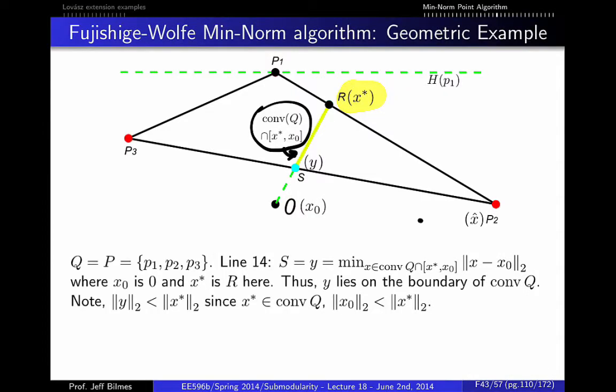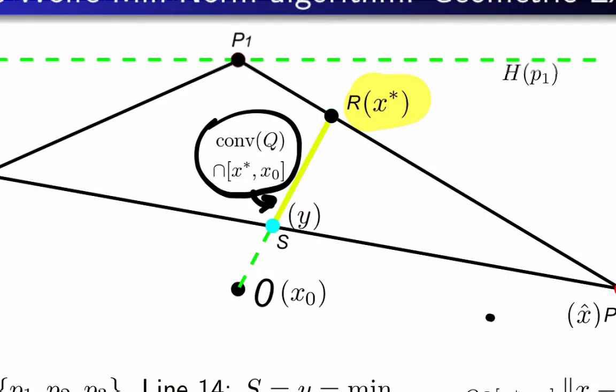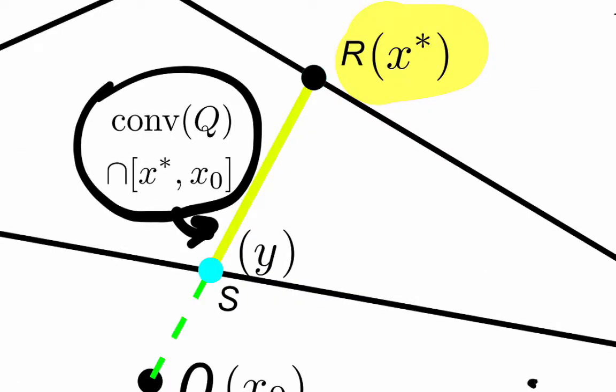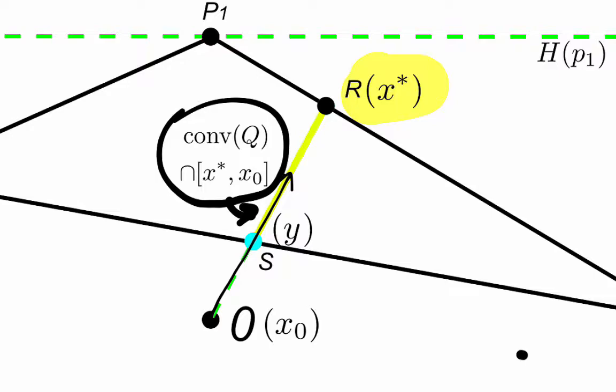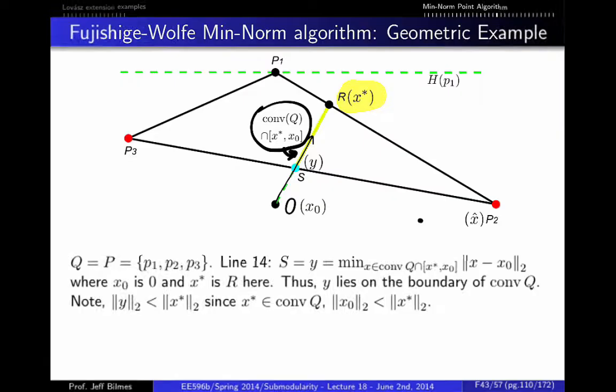Then if you take the minimum, the penalty is essentially the distance away from x naught. So we're subtracting off x naught. In this particular case, x naught is 0, but in general we subtract off x naught.